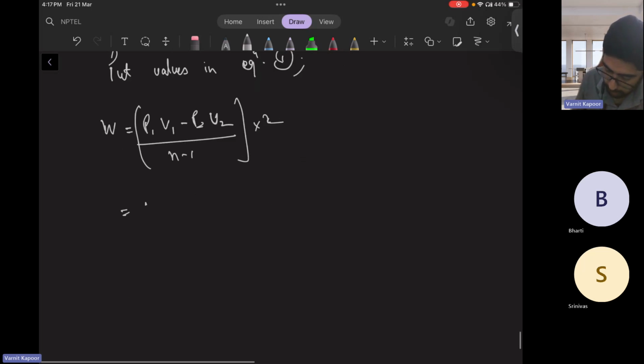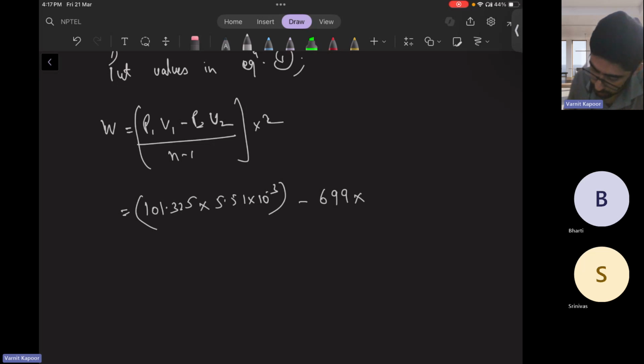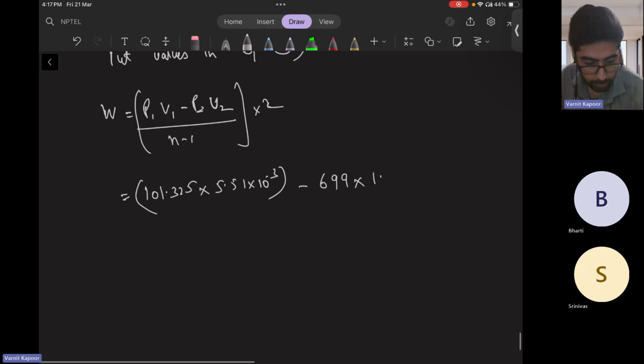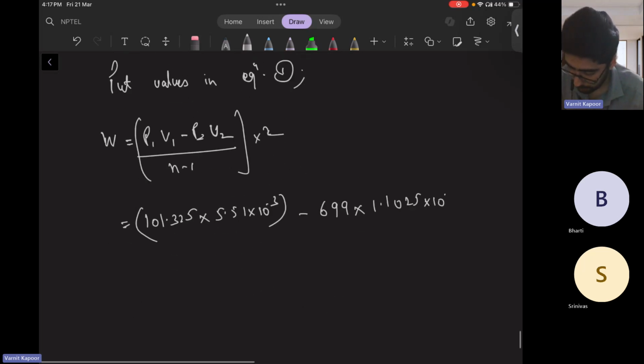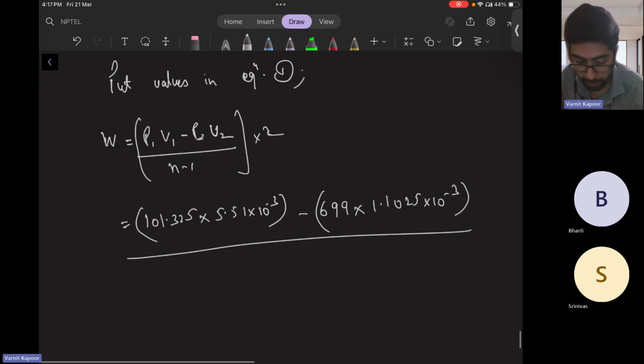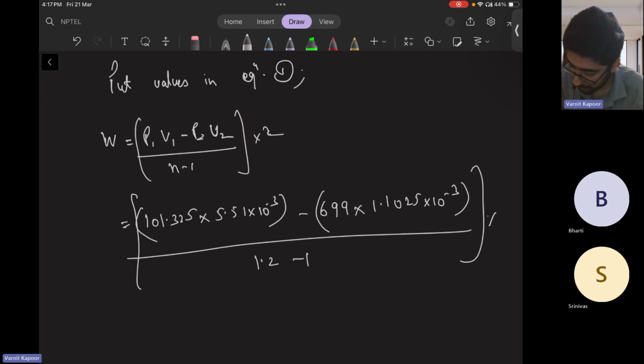So what is P1? It is 101.325. What is V1? 5.51 into 10 to the power of minus 3, minus what is P2? 699. What is V2? 1.1025 10 to the power of minus 3, divided by n, which is 1.2 minus 1, multiplied with 2.